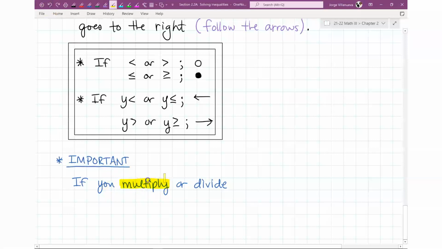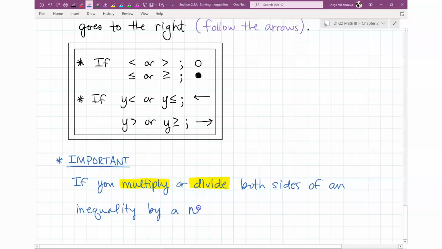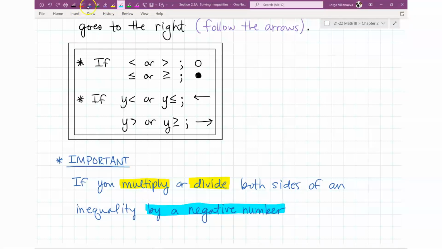If you multiply or divide both sides of an inequality by a negative number, you must flip the sign.